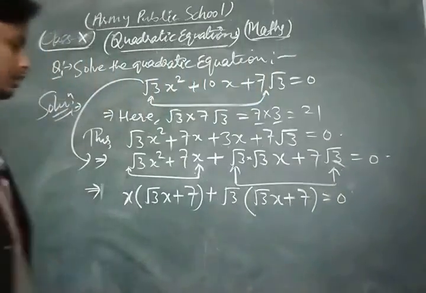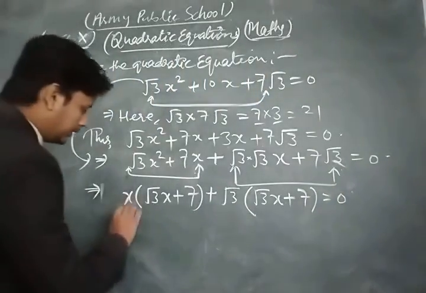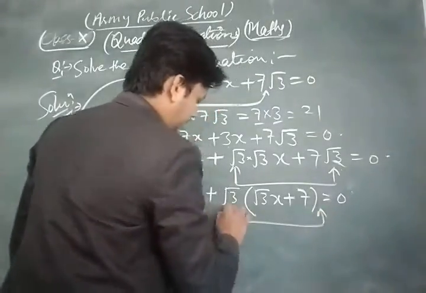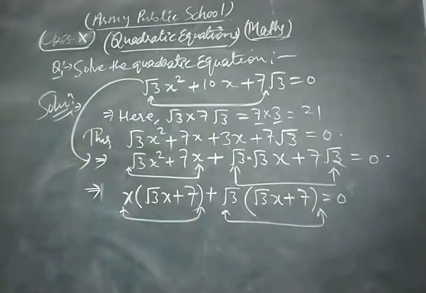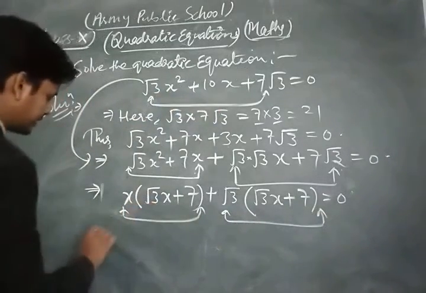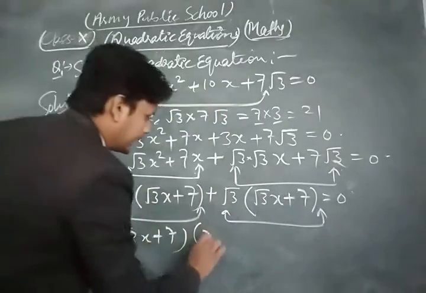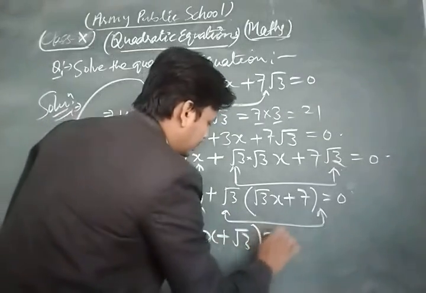Now there are two terms, one and one. From these two terms we take (root 3 x plus 7) as common to the whole term, so we get (x plus root 3) is equal to 0.